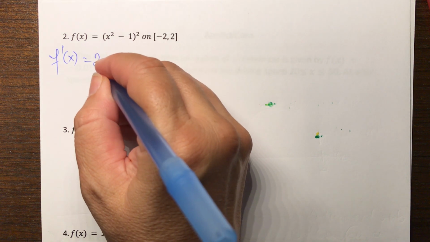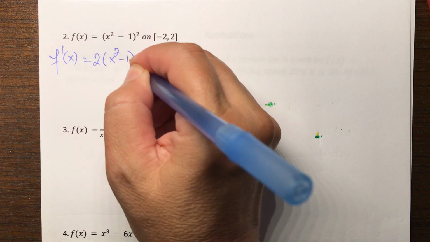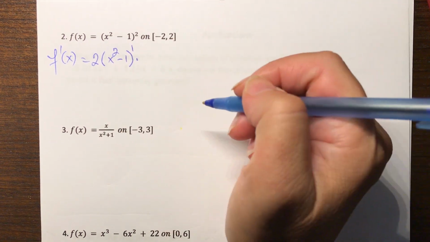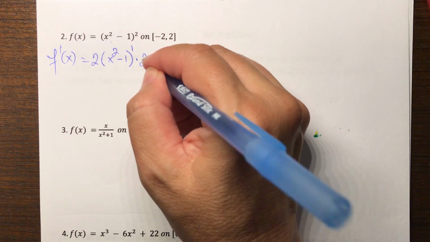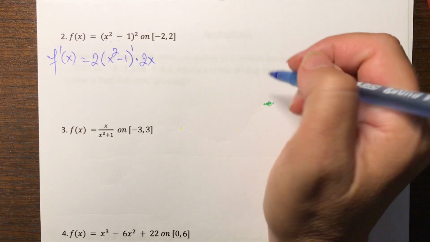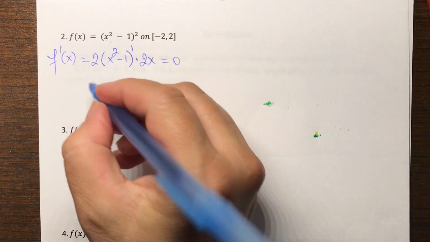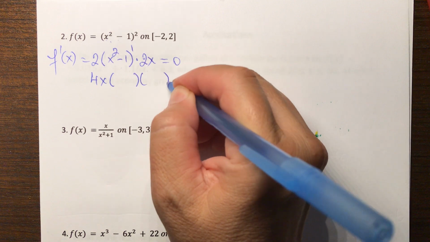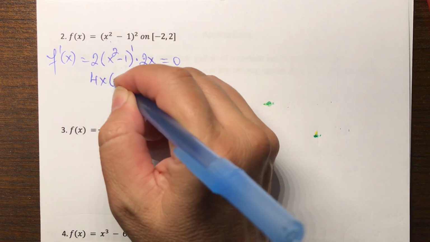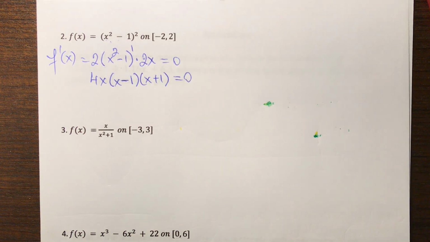So it's going to be 2 times x squared minus 1 to the power of 1 times, move into the parentheses, take the derivative of the inside, which is 2x. Okay, so I'm going to make this a little bit better for you. So that's going to be 4x times, by the way, the x squared minus 1 can be further factored into an x minus 1 and an x plus 1.